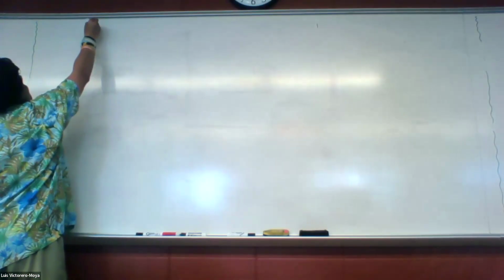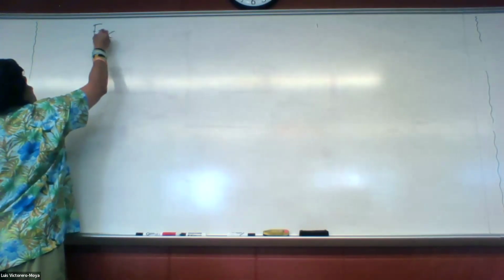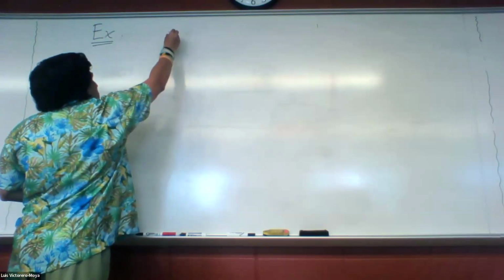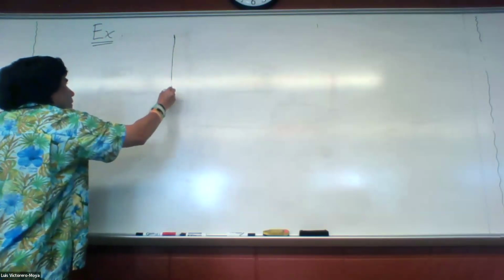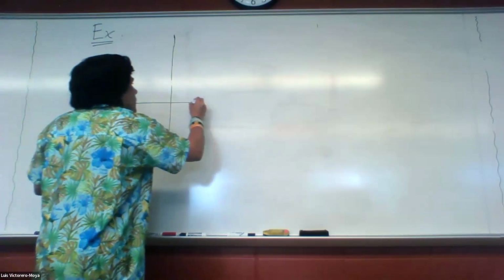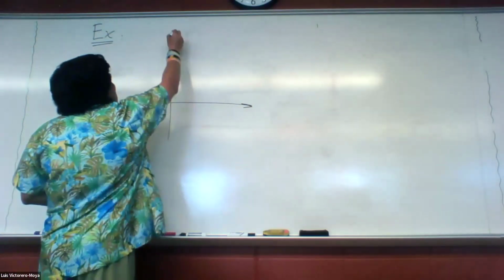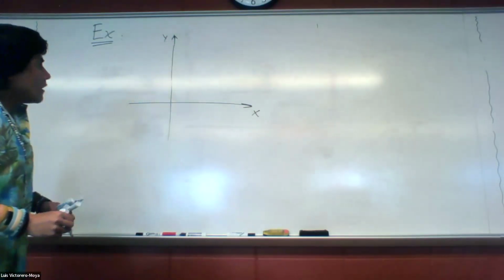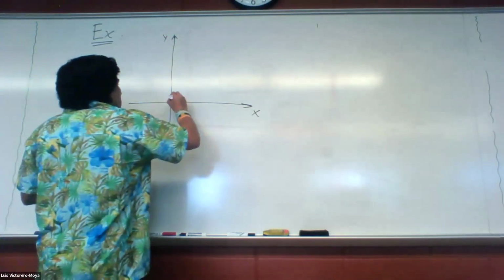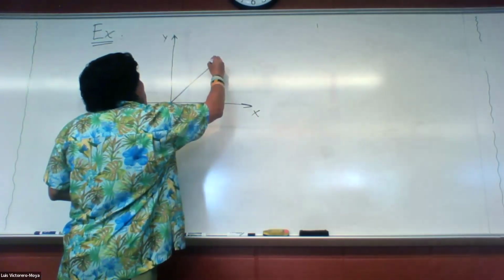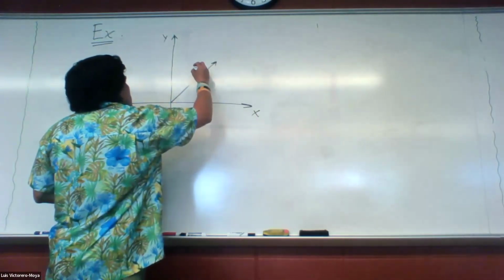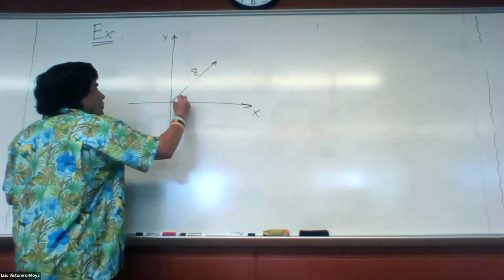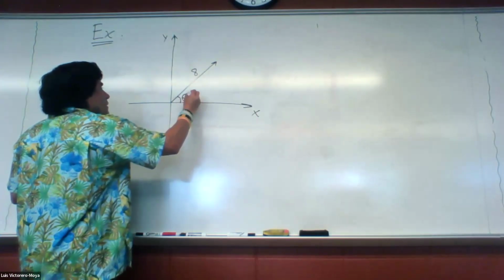So, example. Say we have the X and Y system again. Let's give you a vector like that, 8, and an angle of 60.